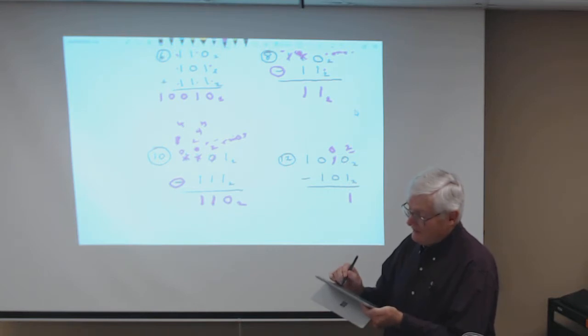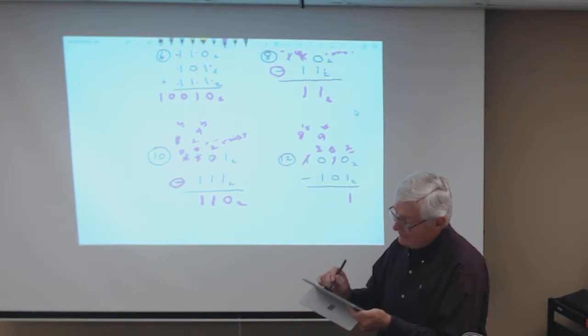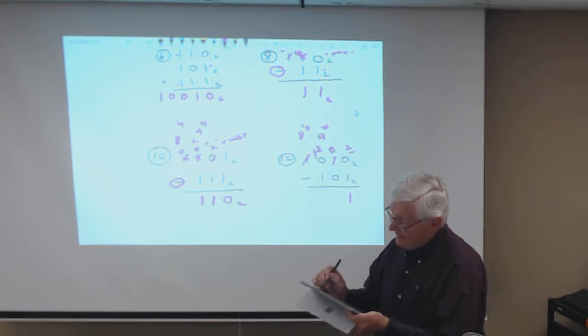There's nothing to borrow here, so I come clear over here. This is the 1, 2, 4. So this is the 8's place. So I cross this out, and that gives me 2 4s. Then I cross that out and leave 1 4 and have 2 2s.